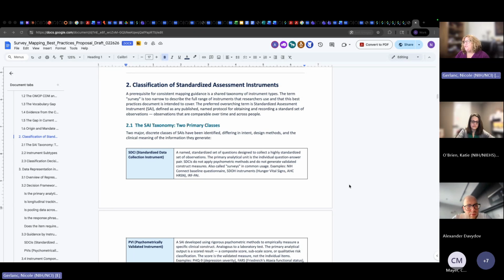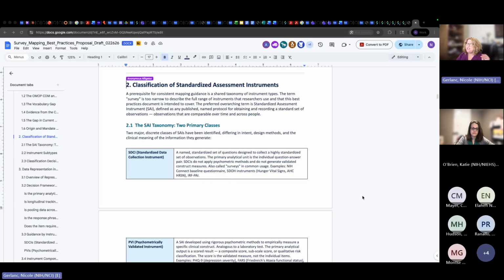All right, so the first part is just talking about classifying standardized assessment instruments. I will probably continue to refer to this level as survey because that's what we've been doing for the last couple of years. But when I say survey, it's basically at the level of standardized assessment instrument.